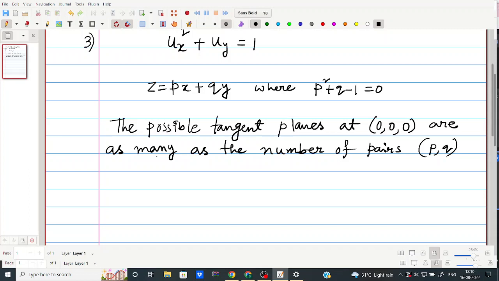Now I will make this surface like a one parameter family. Here the parameters are two, p and q, but p and q satisfy this relation, so I get q as 1 minus p square. So I will make this equation a one parameter family. Is it okay, Ravi and Sasank?